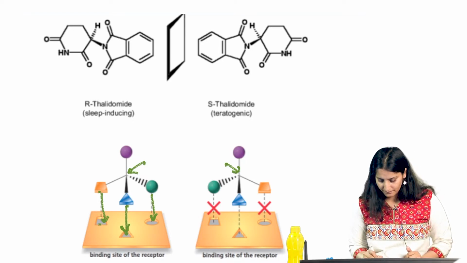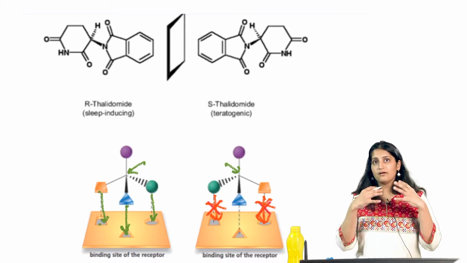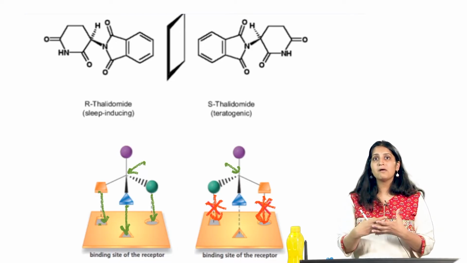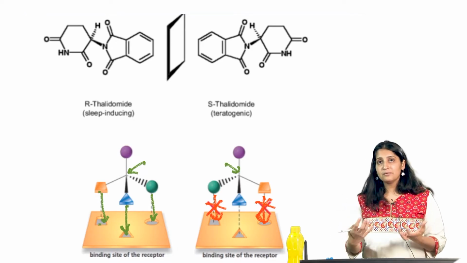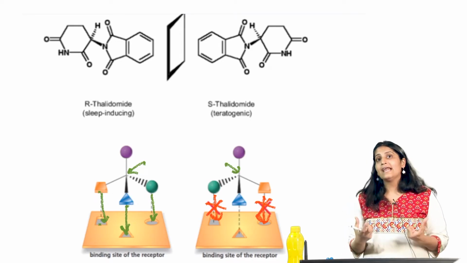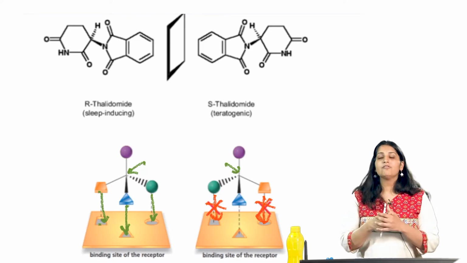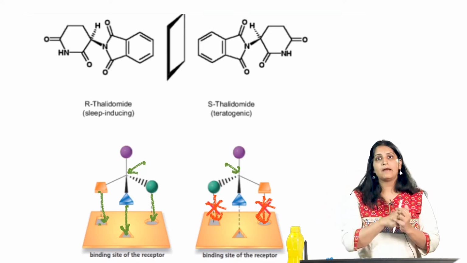In these two cases there is no matching. So, as you can imagine, enantiomers cannot bind to the same drug receptors if the receptor itself has chirality, or some asymmetry that requires a particular enantiomer to bind to it.